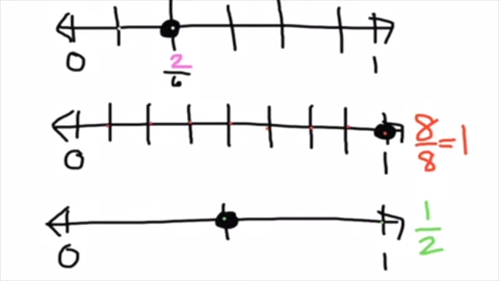I know that one might have been kind of tricky because it's right in the middle there, but that's where it is. Sometimes you might see these problems and you might not see the tick mark. And sometimes that might be a little tricky, because you'll be like, oh my, what is that fraction? Well, it's still 1/2. You just might not see that tick mark hidden behind it, but don't let that trick you. All right, nice job.